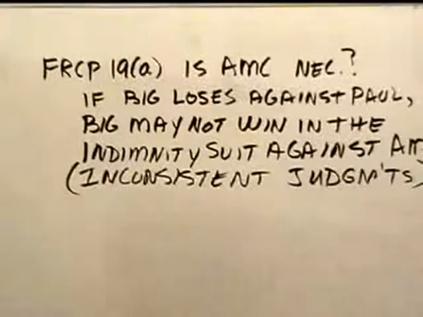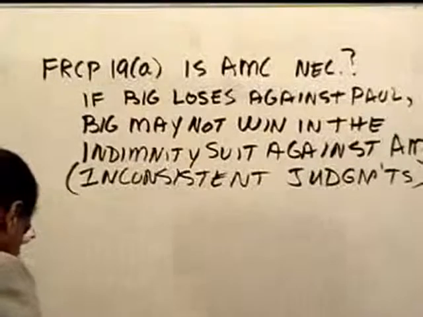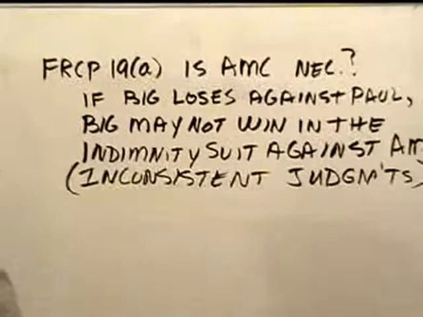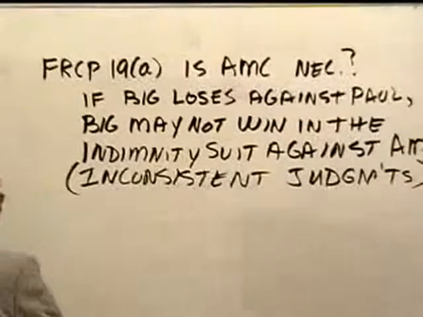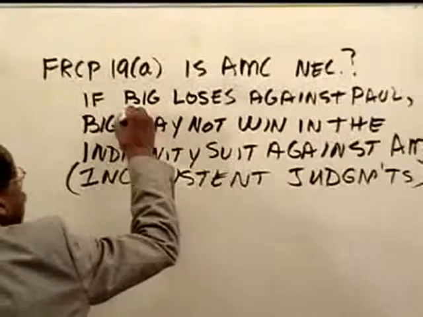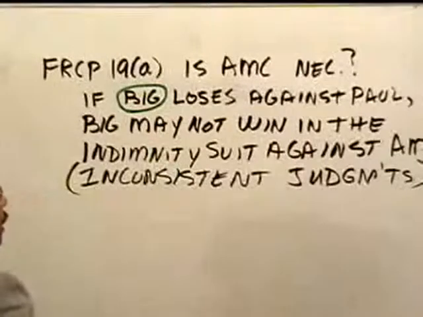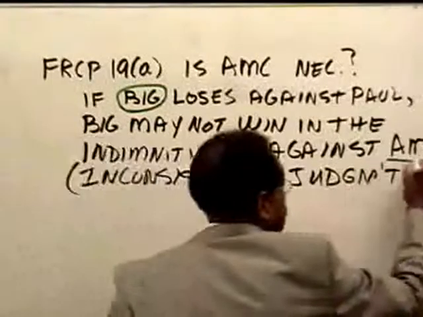So you can see that Big Corp is saying M Corp is necessary, because this is Big Corp trying to look out for itself. So Big Corp is saying, you've got to sue these people because if we lose, we may not get our money back against M Corp.